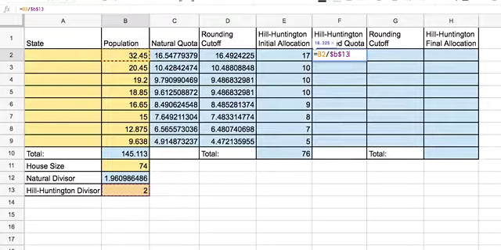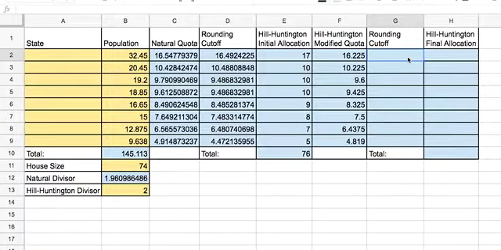So we get our modified quota. We'll copy that down. We see that numbers have changed. Rounding cutoff. We're going to mimic just what we did before for the rounding cutoff.